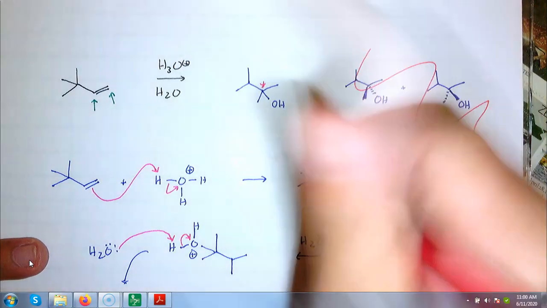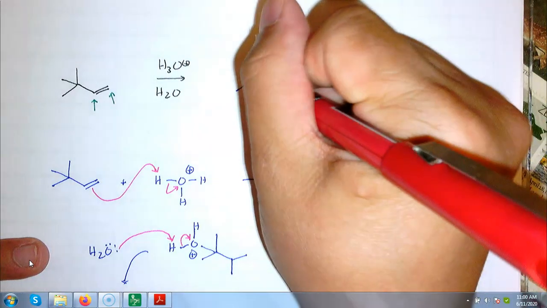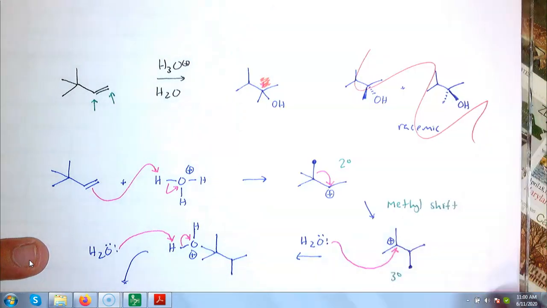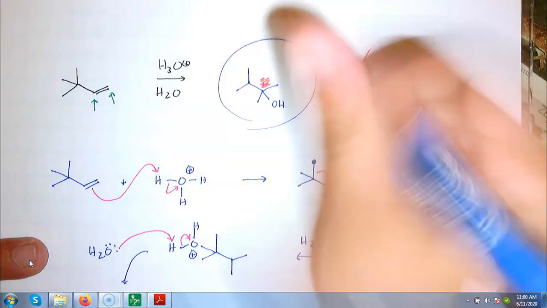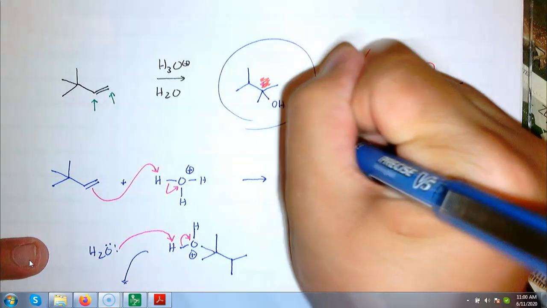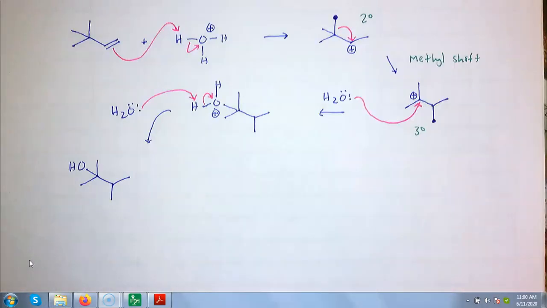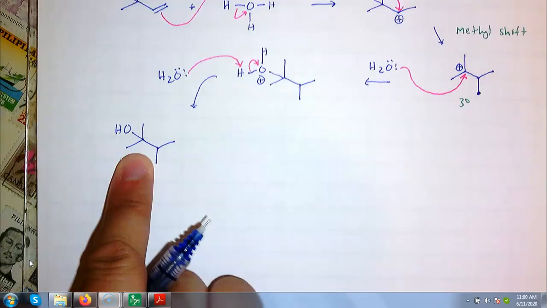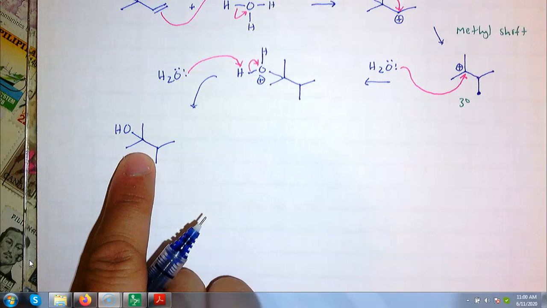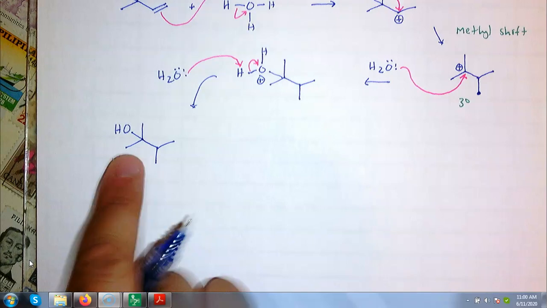The real answer is I get rid of this asterisk, and this is the real answer. When did I realize that? I realized that when I was staring at my final product here. That is not a chiral carbon. This is not racemic. So now everything is correct on this page.